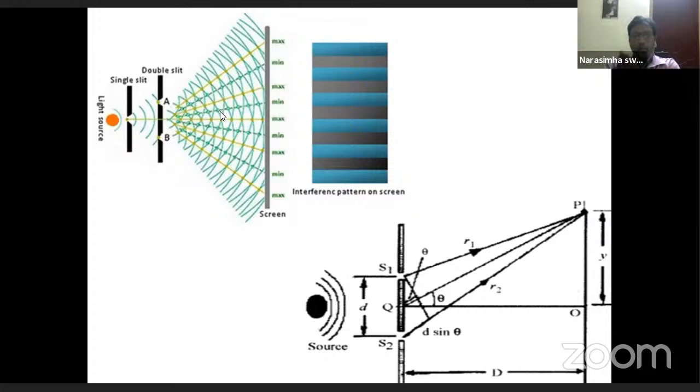And we know the waves have crests and troughs, right? Observe this diagram. All the thick lines are crests, and the gap between any two, for example at A here, this is one wave, this is another wave, this one is the next wave, and this one is the third wave, like so.